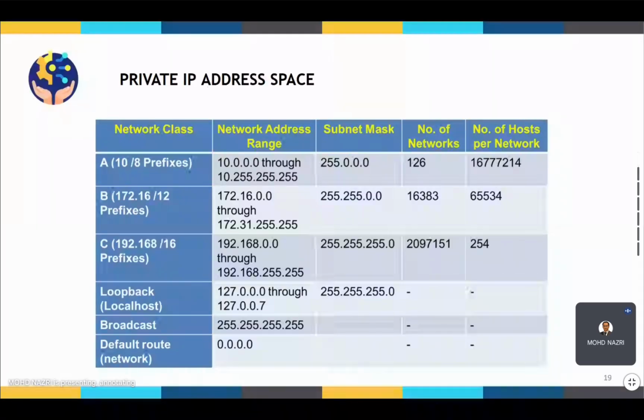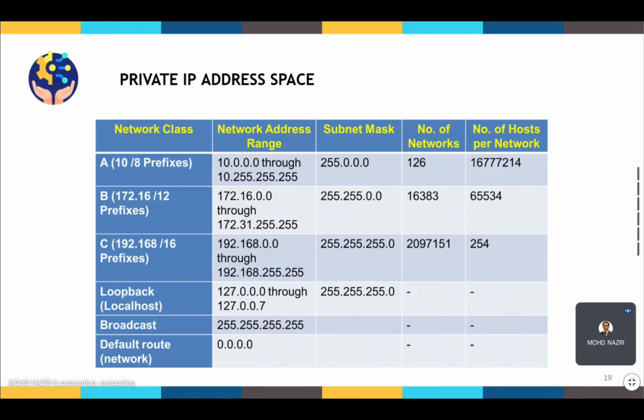For class A, you can configure up to 16 million hosts, meaning PCs, tablets, whatever devices you have. Normally class A is designed for cases with not many networks or VLANs, but which require a lot of devices with IP addresses.